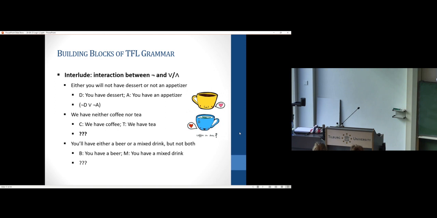I'll make it explicit. If we take the not both, my wife tells me, hey, whatever you do, you can't have both an appetizer and a dessert. Now, to comply, I could either have the appetizer and no dessert, or have the dessert and no appetizer, or, which never happens, I don't do either. But note the way I said that right at the end: I don't do either.